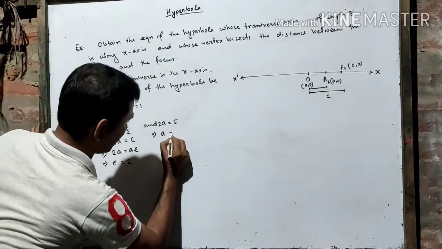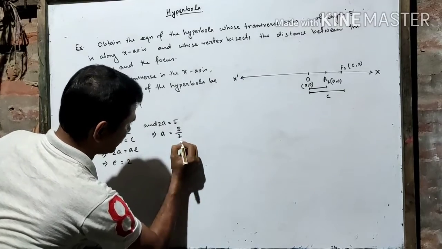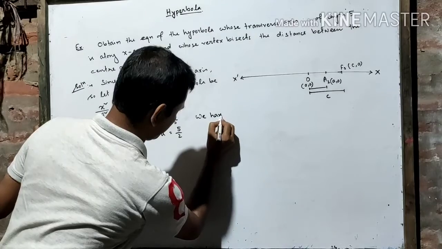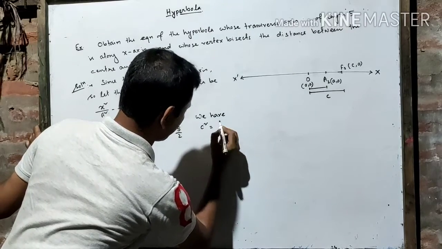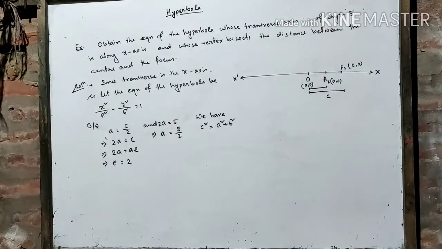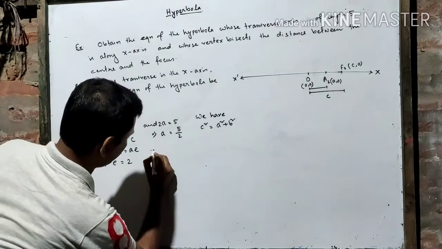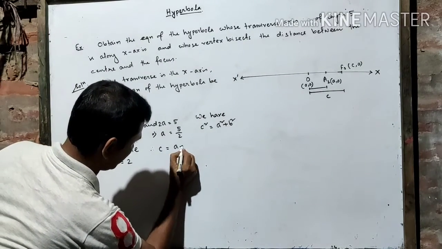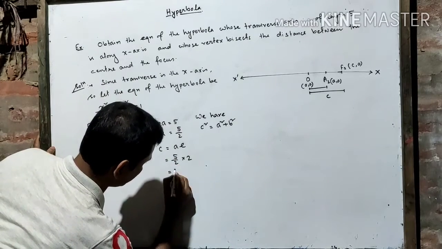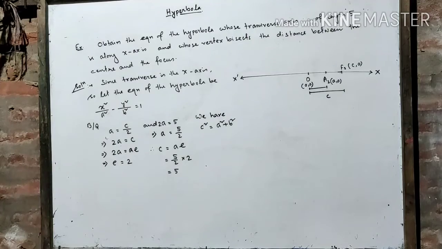This implies a is equal to 5 by 2. We have c square is equal to a square plus b square. What is c? Therefore, c is equal to ae is equal to 5 by 2 into 2 is equal to 5. So c is equal to 5.